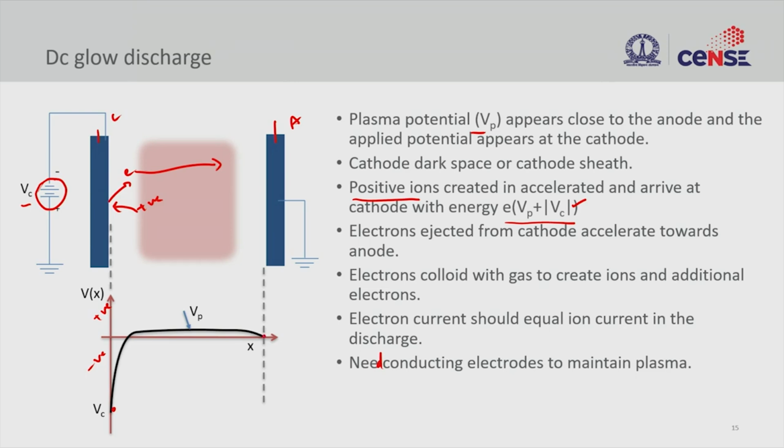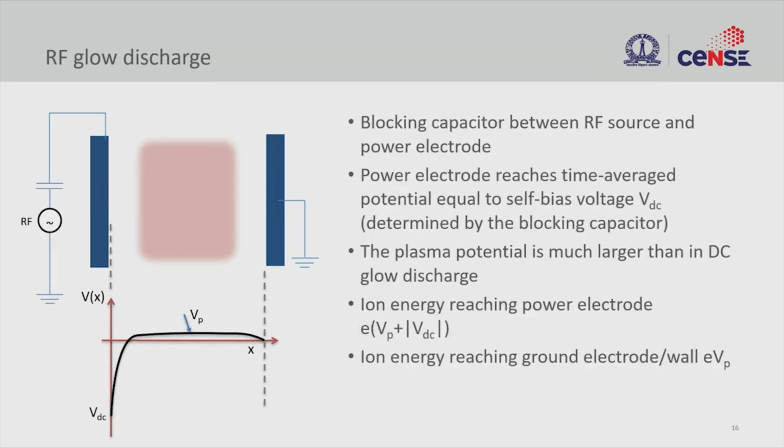But once it reaches the other plate, it will go to 0, right? And you can see here there are 0 crossings, which are interesting points. Later on we will see how this affects the way the glow discharge actually looks.